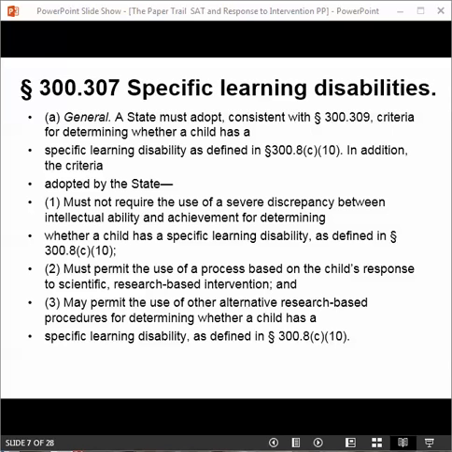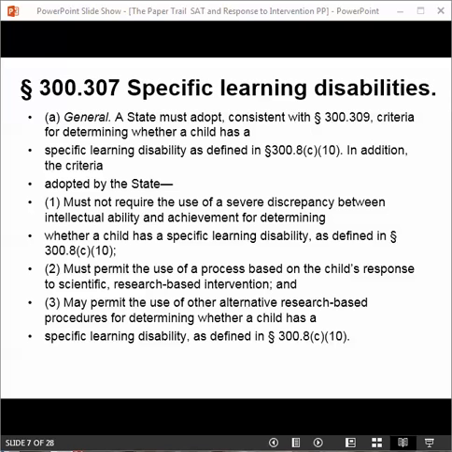It must permit the use of a process based on the child's response to scientific, research-based interventions, and may permit the use of other alternative research-based procedures for determining whether a child has a specific learning disability. So that change came in one of the reauthorizations.